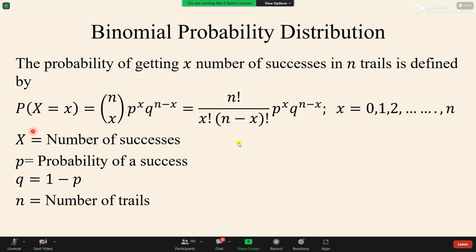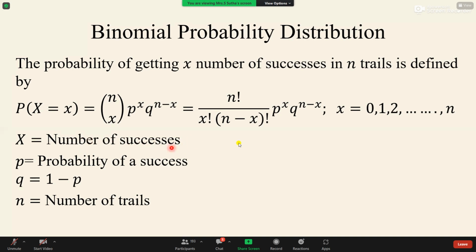So usually the probability is defined by P(X = x). X is the random variable, the name of the random variable. So here the name of the random variable is number of successes. If we know the specific situation, then we can specify it. If we are looking at defective items, X will be the number of defective items.